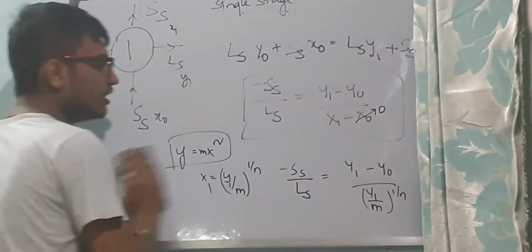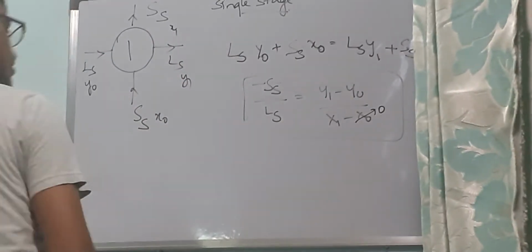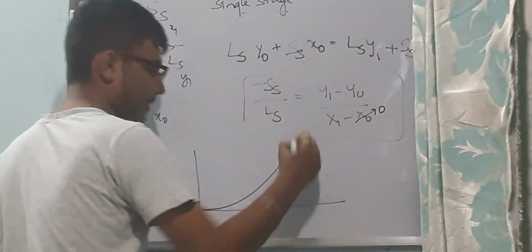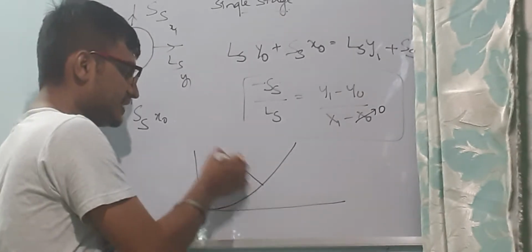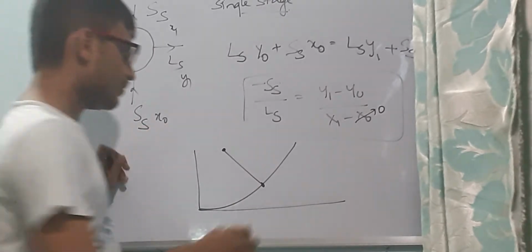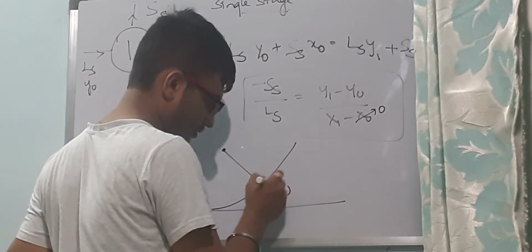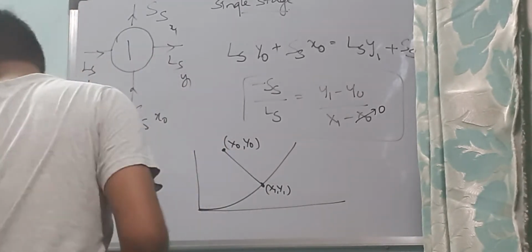So this is about your single stage operation, with the operating line equation. Sorry, with X1, X0, I'm so sorry.